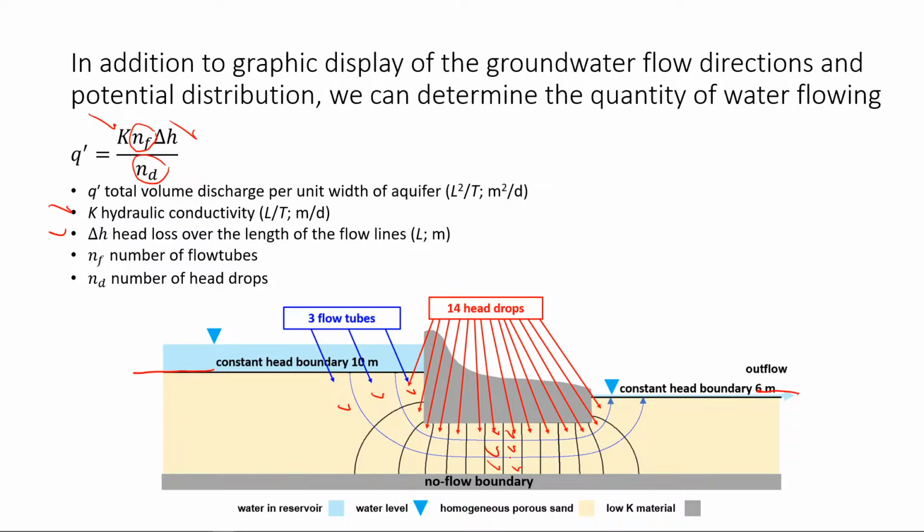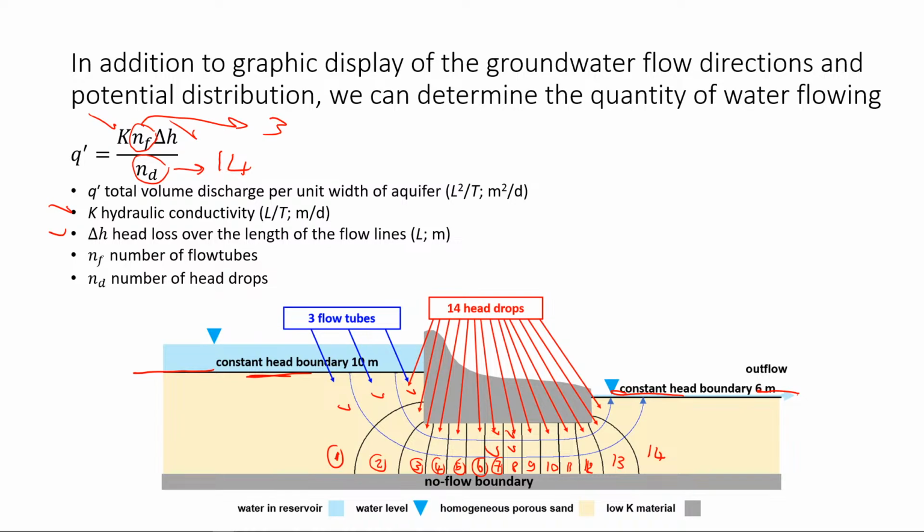How many head drops do we have here? 1, 2, 3, 4, 5, 6, 7, 8, 9, 10, 11, 12, 13, 14. So from here to here, we have 14. So ND would be 14, and NF would be 3.